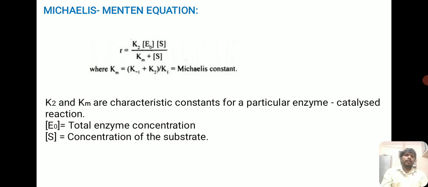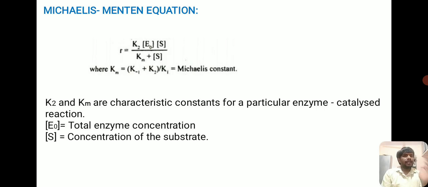Coming to the Michaelis-Menten equation. Here directly we are going to the equation, and it is given by R = k₂[E₀][S] / (K_m + [S]), where K_m = (k₋₁ + k₂)/k₁.